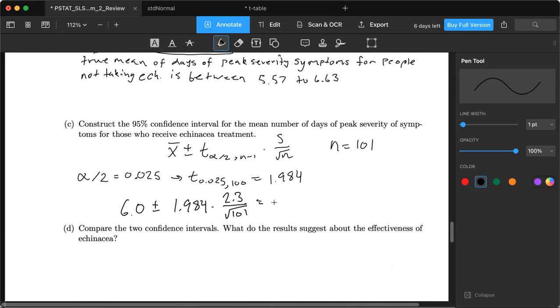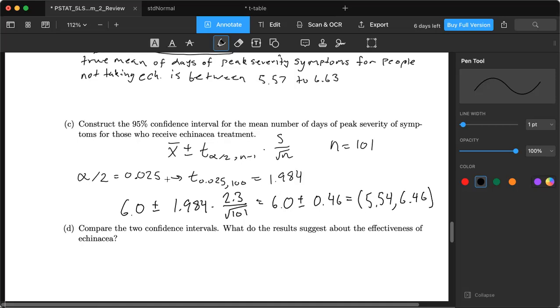So this is approximately 6.0 plus or minus 0.46, rounding a bit, because last time I rounded to 2 decimal places, I'm going to do it this time. Then this is equal to 6 minus 0.46 is 5.54, and plus would be 6.46.